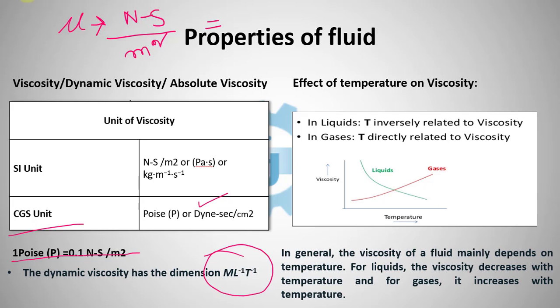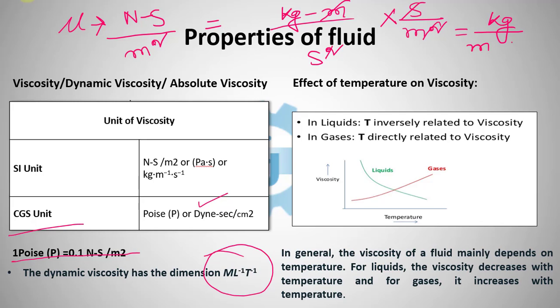We know Newton means also kg meter per second square. Second is second here, and here is meter square. So by cancelling m, we got 1 m here, s, we got 1 s here. So we can write kg per meter second.